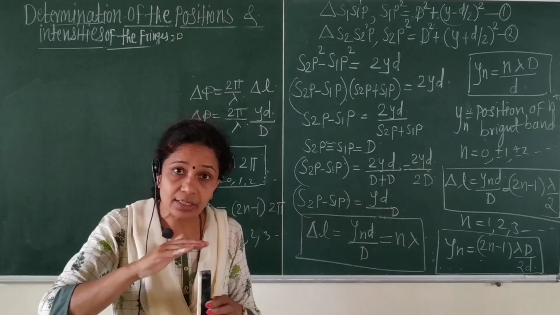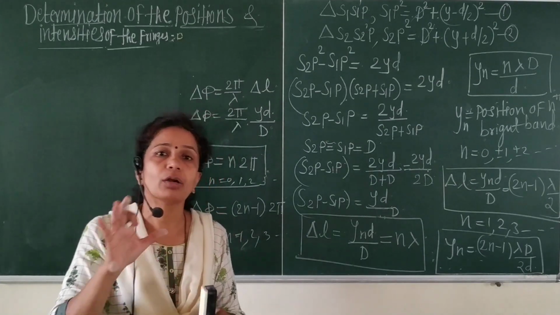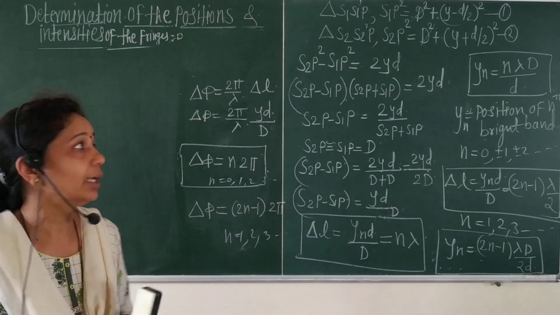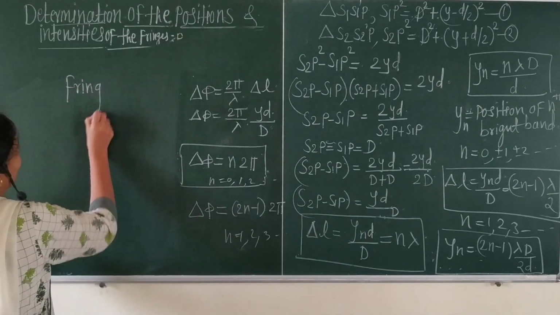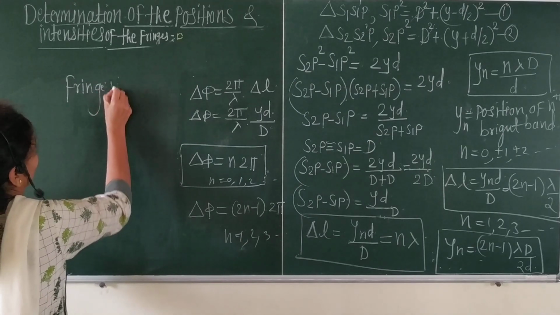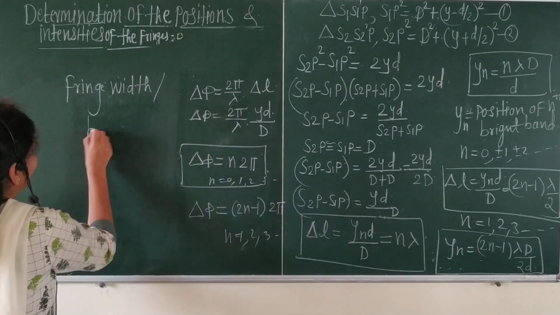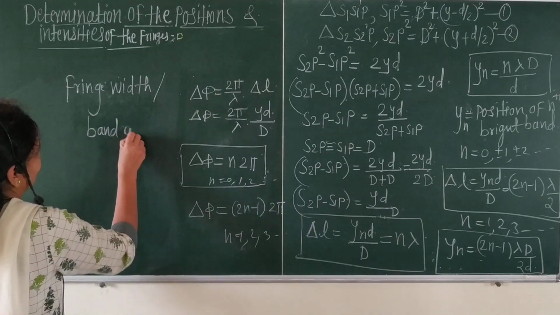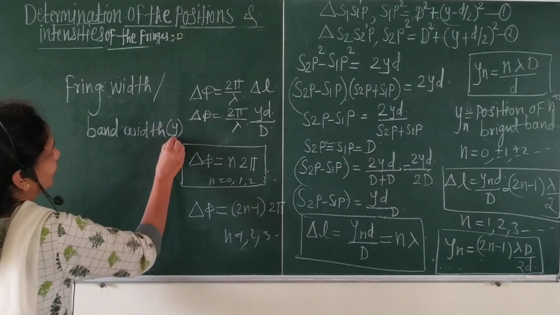Therefore, the distance between two successive dark or bright bands is called the fringe width, or bandwidth.